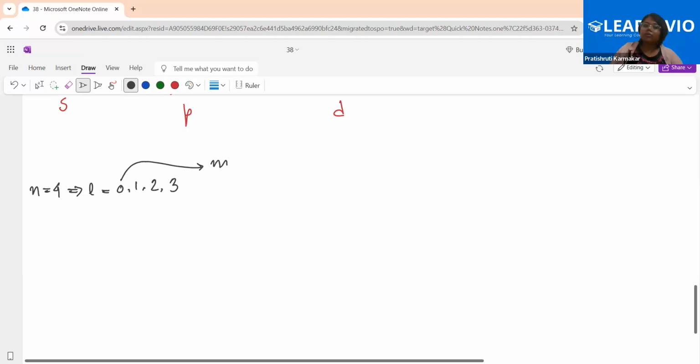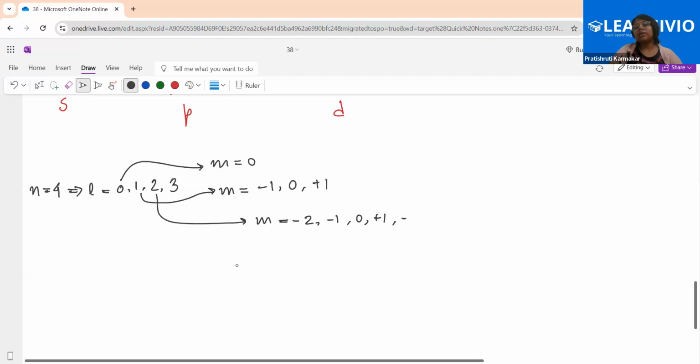It will be 0. For L equal to 1, what will be the value of m? It will be -1, 0, +1. For L equal to 2, it will be -2, -1, 0, +1 and +2.